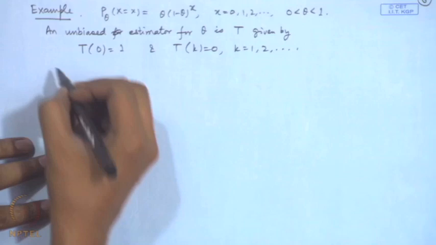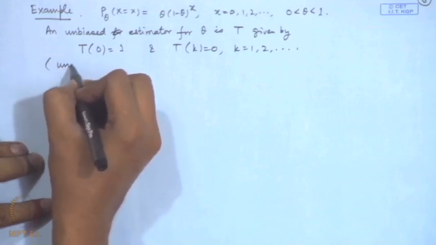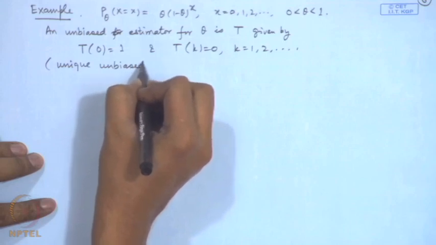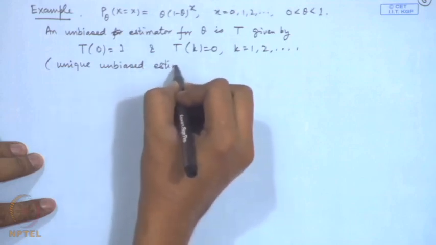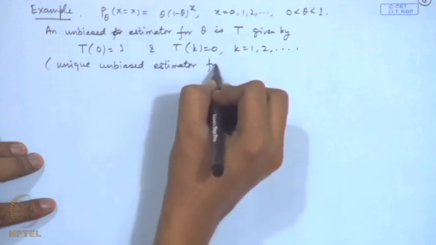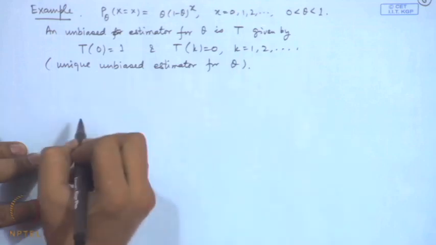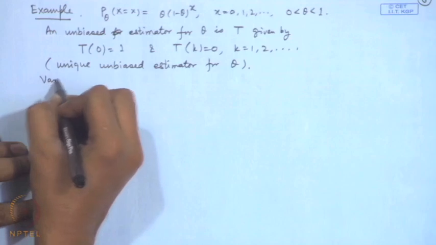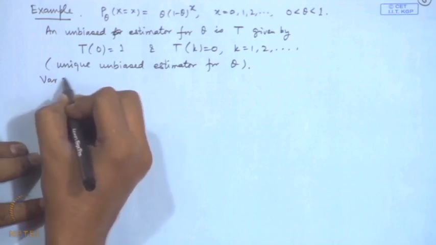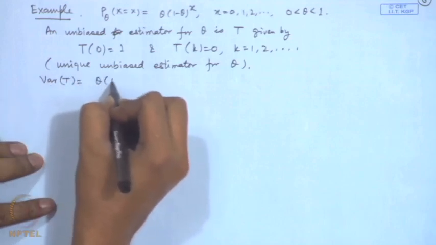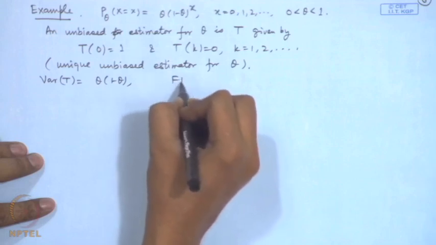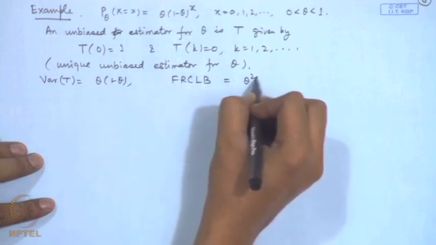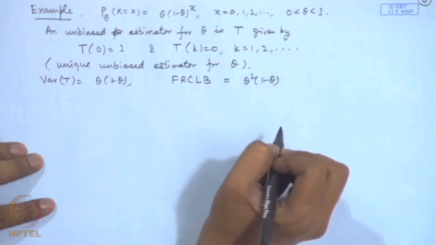In fact, this is the only unbiased estimator, the unique unbiased estimator. And we have already seen that the variance of T is theta (1 - theta) and the FRC lower bound was equal to theta square into (1 - theta).